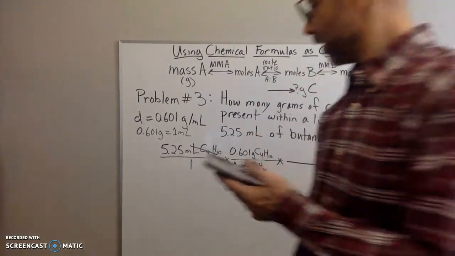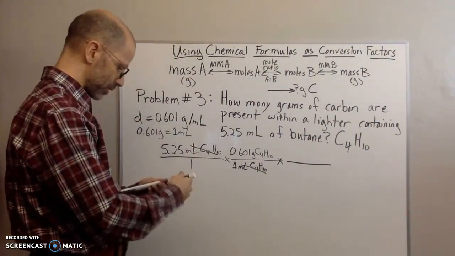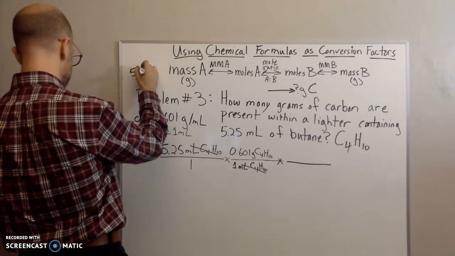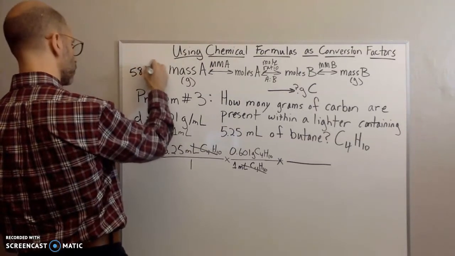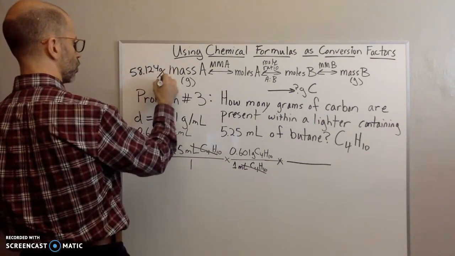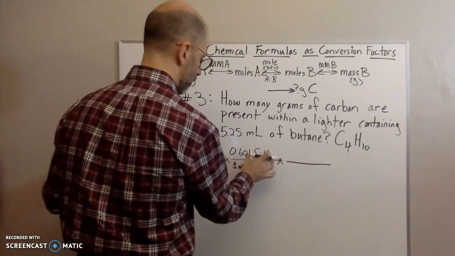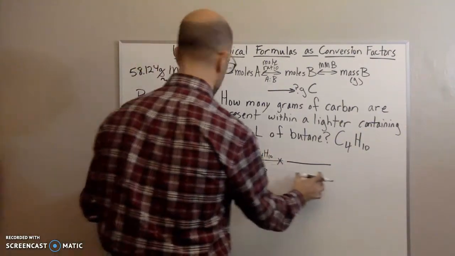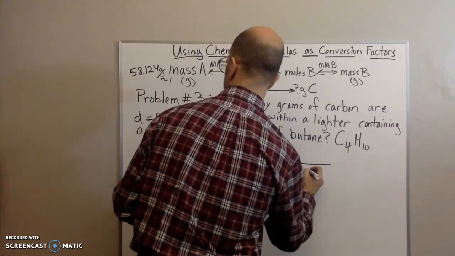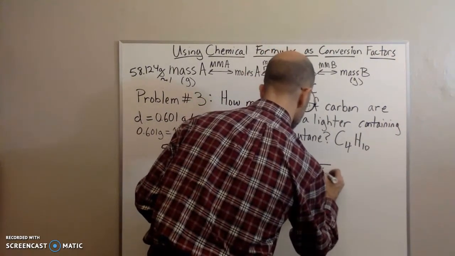The molar mass is going to be 58.124 grams for every 1 mole. So we can use that as a conversion factor. We have grams on the top, so we want grams on the bottom. So we're going to take 58.124 grams of C4H10.